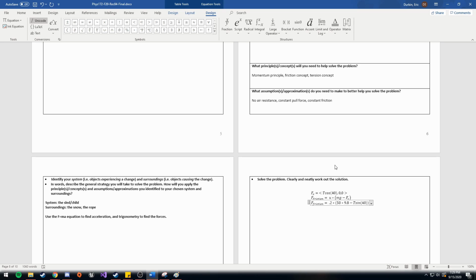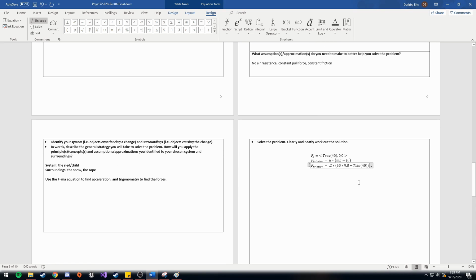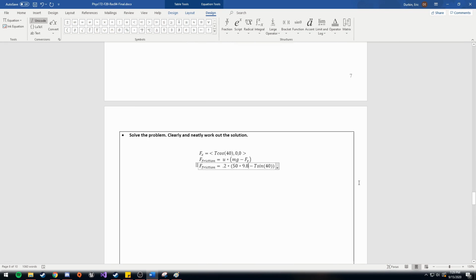Why are you subtracting them? Why aren't you just doing F normal times cosine or sine of theta? So do you guys see the equation I'm doing? Yeah. Right, so everything inside the parentheses is the normal force that has friction applied to it.